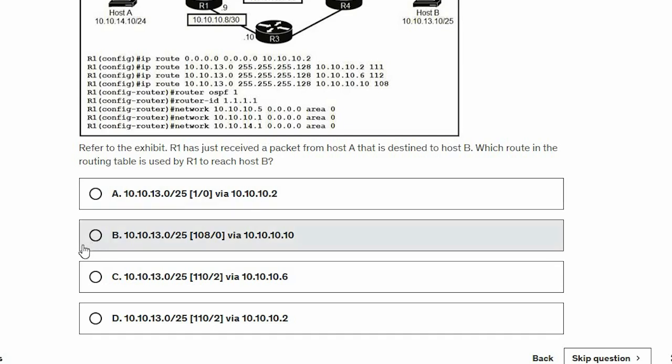The correct answer is B, or 2. 10.10.13.0/25 [108/0] via 10.10.10.10.